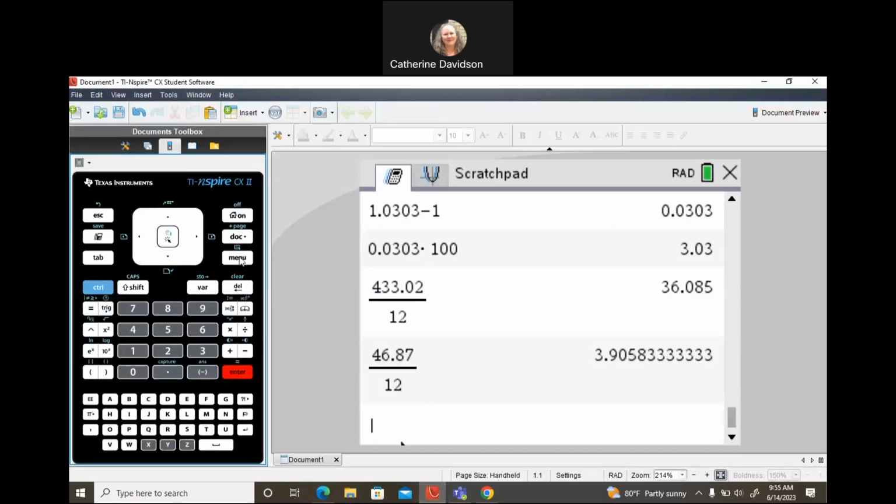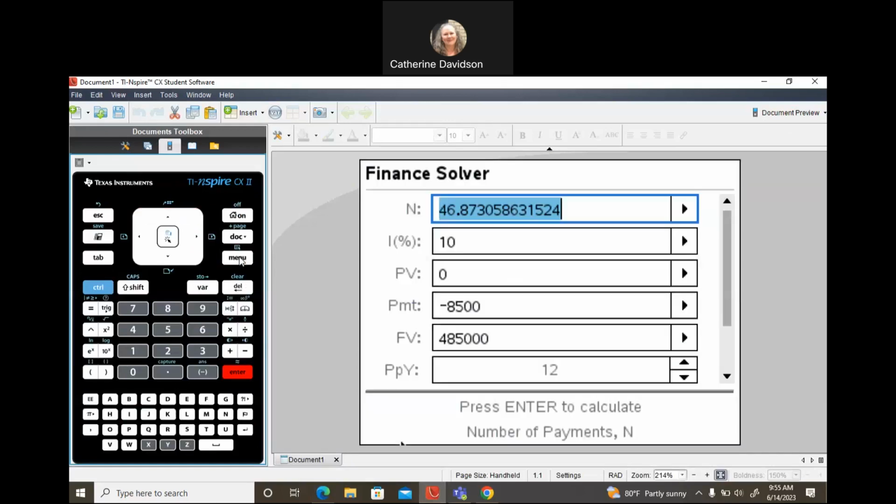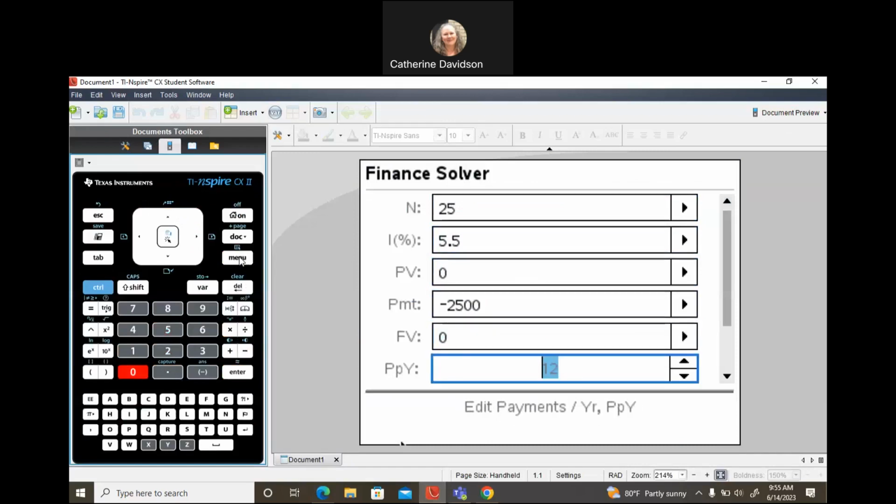This is a little more straightforward. So he makes annual payments for 25 years, and he's putting in $2,500 per year. And what's the rate here? 5.5. So annual payments is going to be once a year. So again, arrow to the left, what's not highlighted.